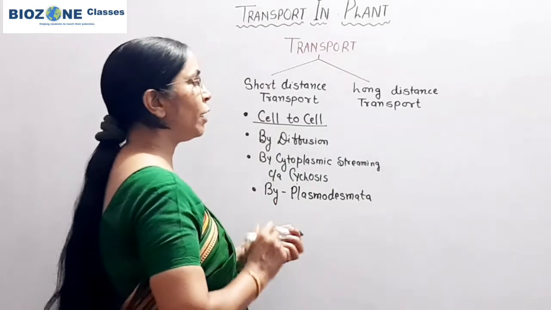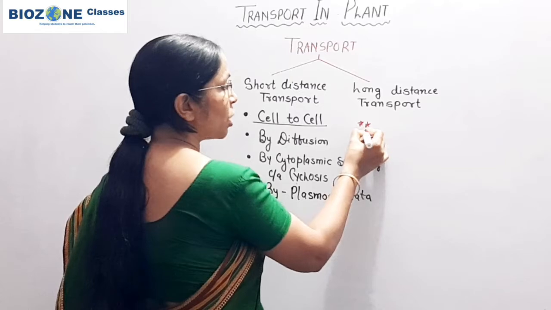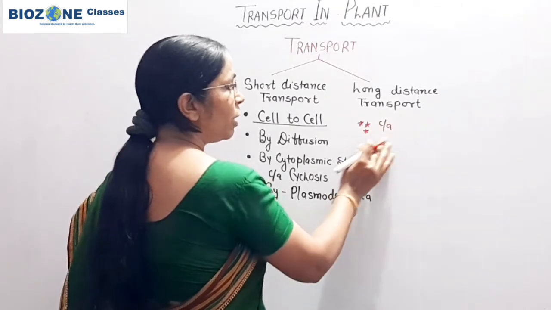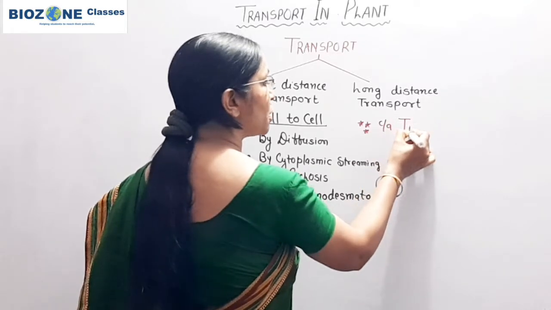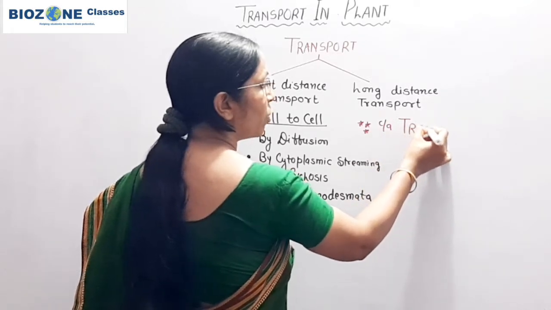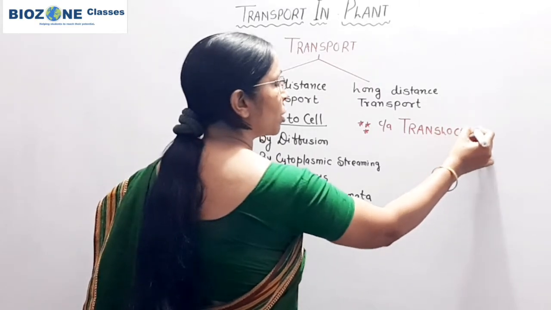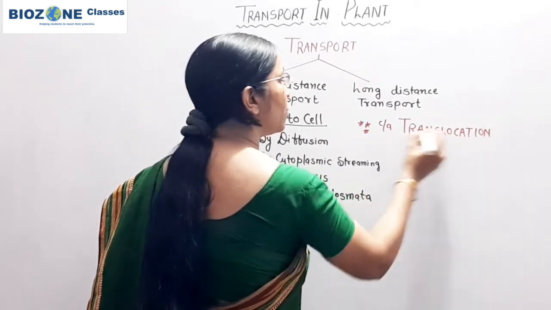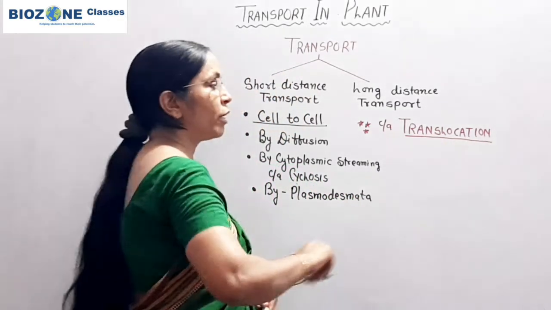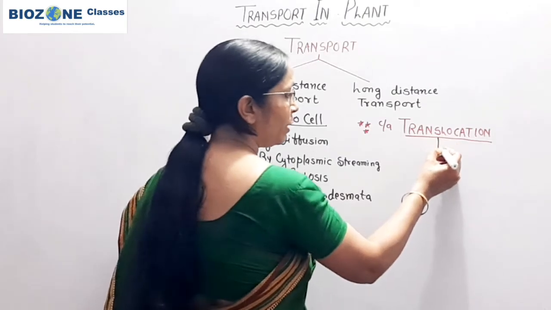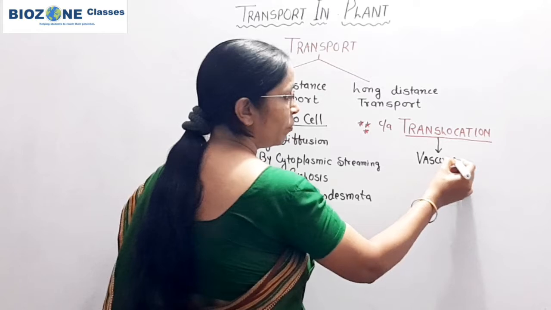Here remember the most important term: what term do we use for long distance transport in plants? It is called translocation. Translocation is the long distance transport, and it is mainly carried out by vascular tissue.